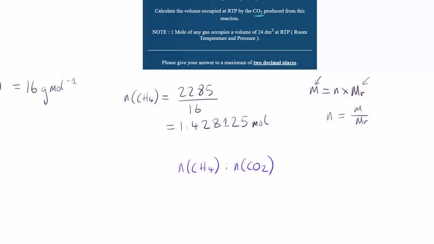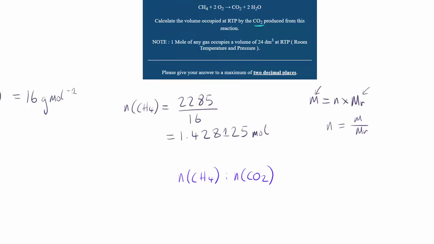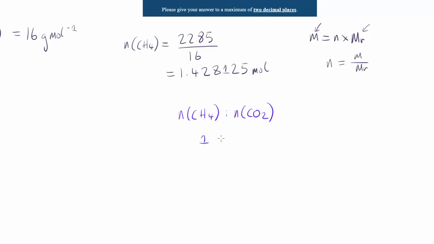Right, and so we're going to use the balanced equation to figure out what the actual ratio is on a molar level. So for every 1 mole of CH4, how many moles of CO2 do we have in the balanced equation? Well, as you can see, for every 1 mole of CH4, we get 1 mole of CO2. So that's going to be simply a 1-to-1 ratio.